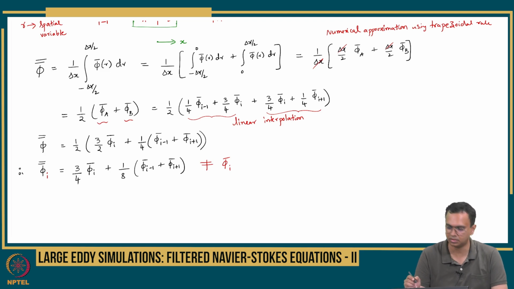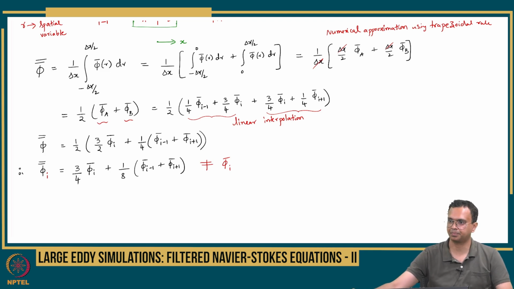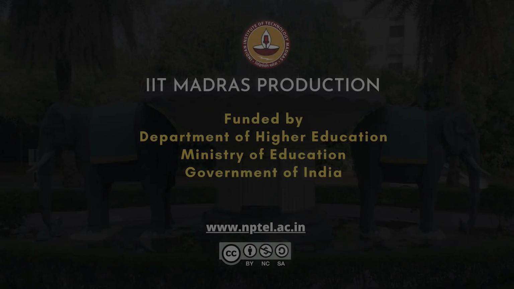This is a numerical illustration, or a proof you can think of. We'll also have a mathematical illustration, for which we have to understand the different filter types.